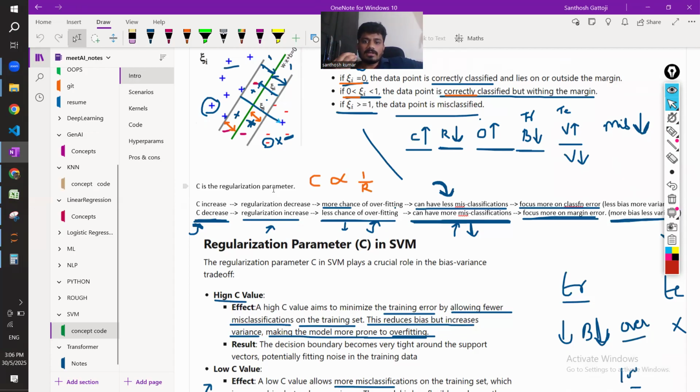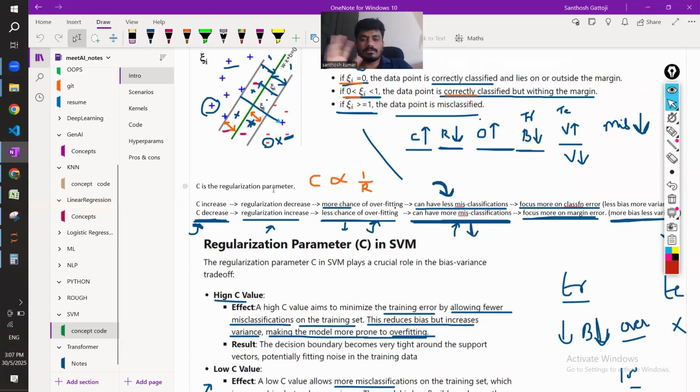When we increase the regularization, the model overfitting will reduce. So if there is no overfitting, there could be some issues on the training data set, but on the test data set we'll get good results.